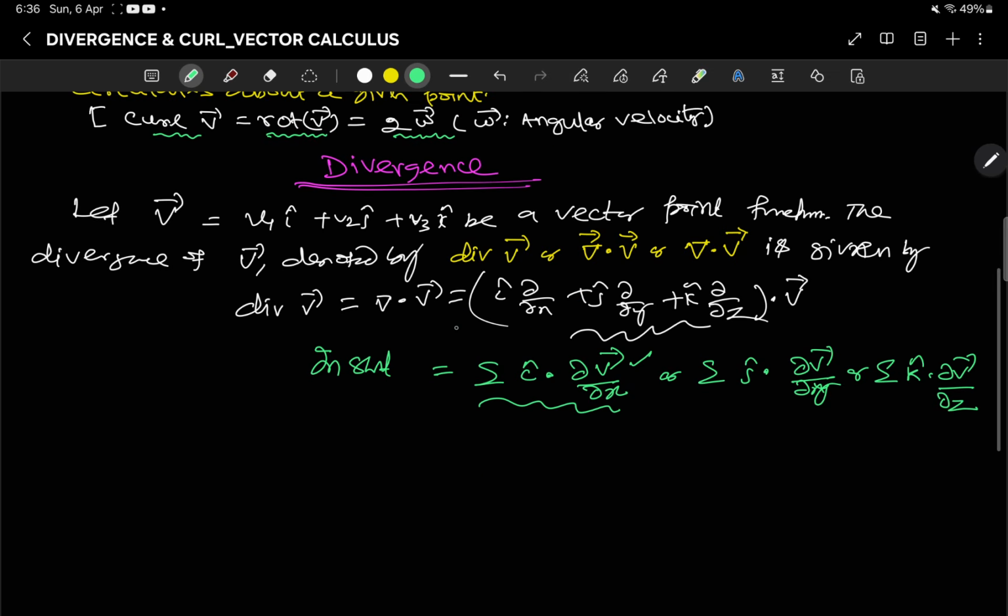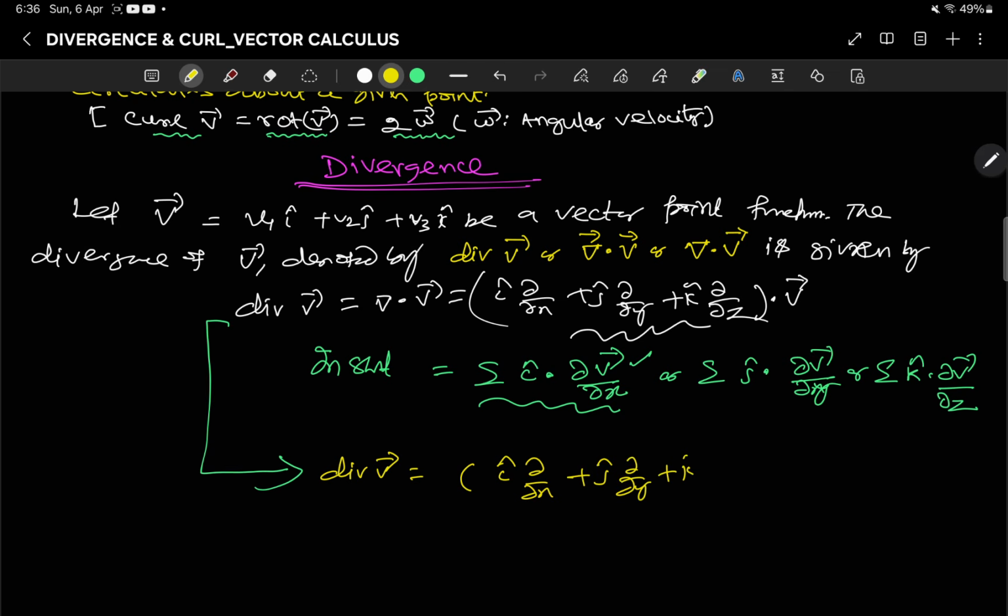But if I want to write it in component form, div V will be i del by del x plus j del by del y plus k del by del z, dot V, where V is V1 i plus V2 j plus V3 k.